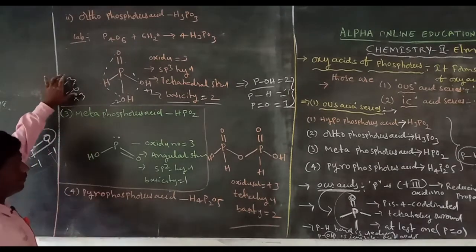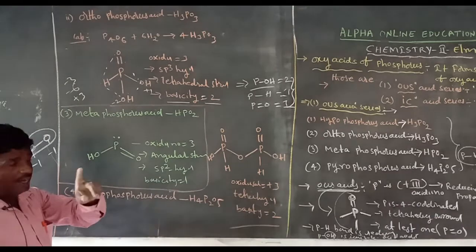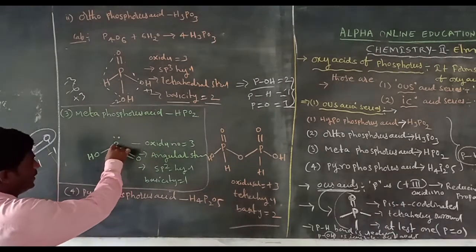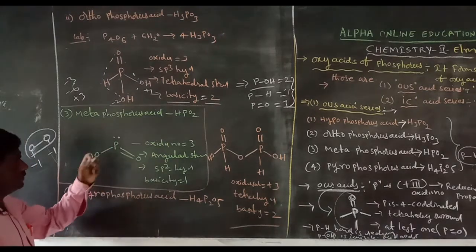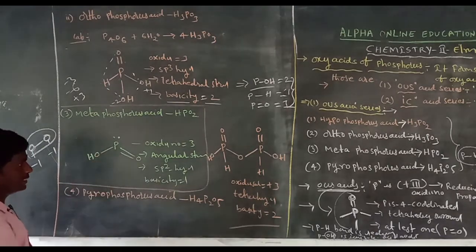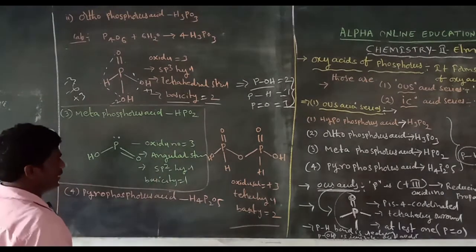The third one is metaphosphorus acid. Meta means there is only one hydrogen on phosphorus. Here is the P-OH and double bond O. That is the structure of metaphosphorus acid. In metaphosphorus acid, the phosphorus central atom has oxidation number x.